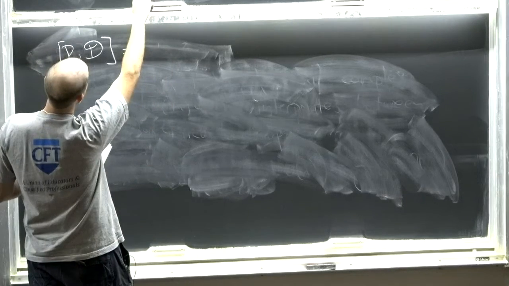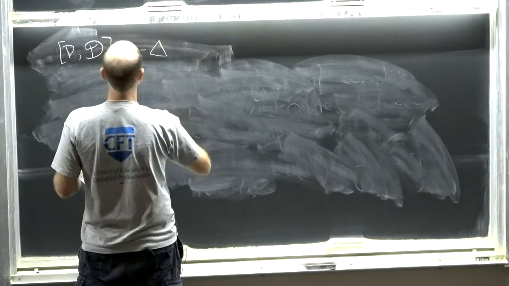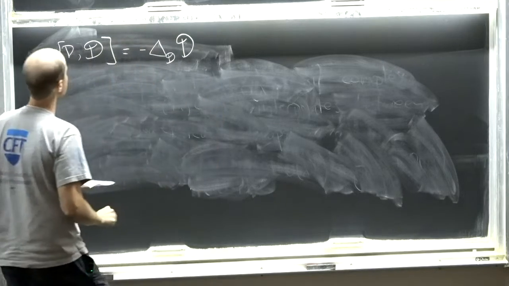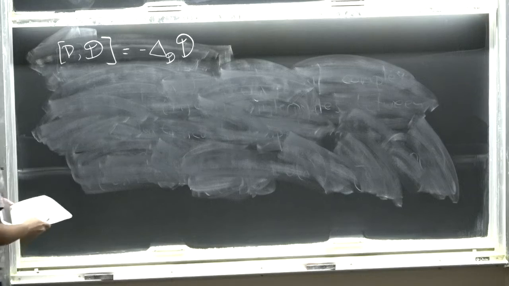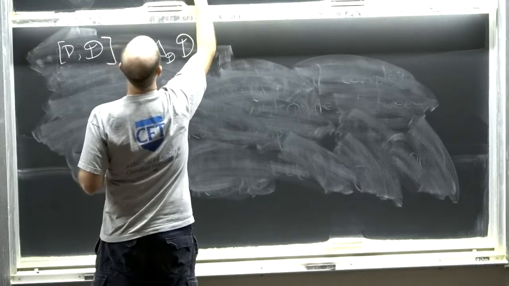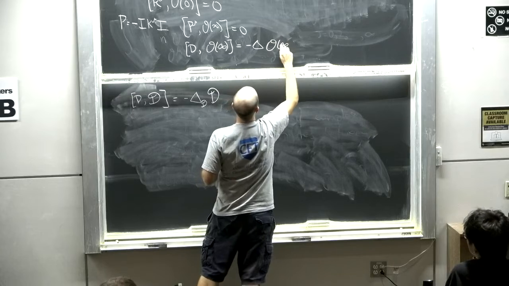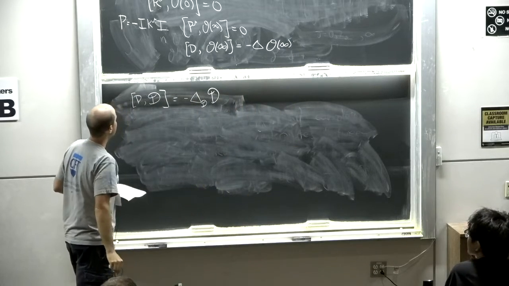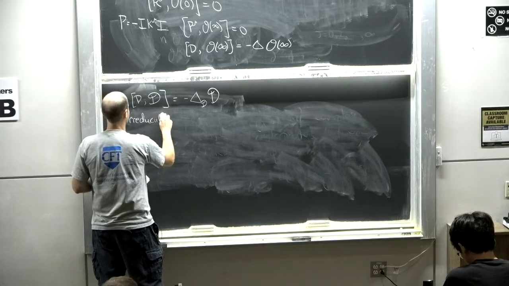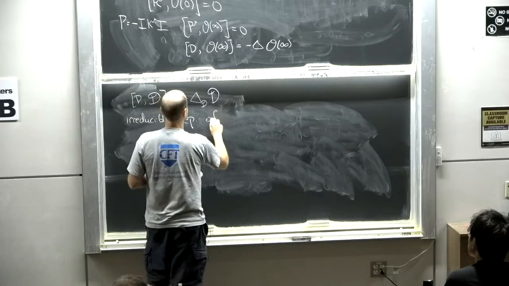Because it transforms like a primary operator at infinity, it's natural to define the scaling dimension with a minus sign, like this. This is based on the situation with a local operator, where if you take a commutator of the dilatation operator with a local operator at infinity, this is minus Delta for the local operator. And then finally, it has to transform in an irreducible representation of the Lorentz group, which is of course SO(d-1,1).